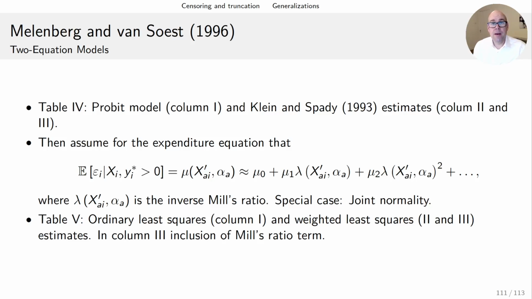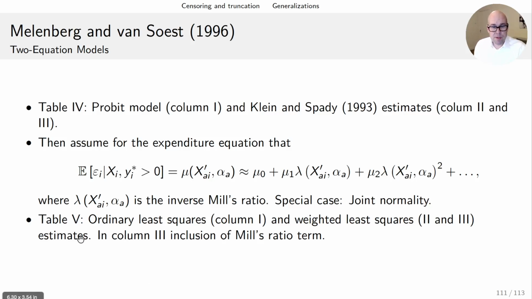And sometimes what people have also called this is a control function. So this function in the Mills ratio is called a control function, trying to capture the omitted variable in the model, in the sense that it was omitted when we did the Heckman correction.